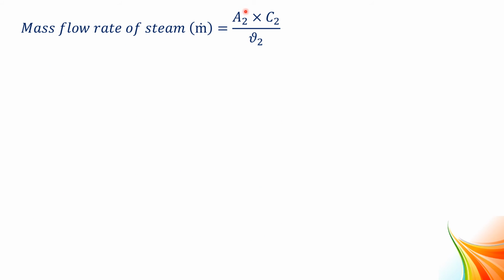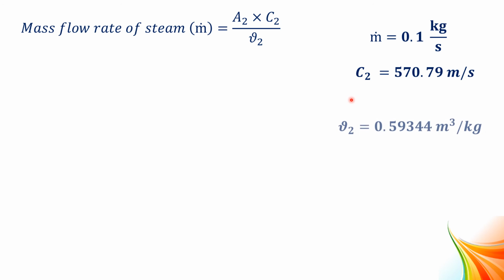Now for calculating the area, we have to use the mass flow rate equation. M dot equals A2 C2 divided by V2. The mass flow rate is given in our problem, which is 0.1 kg per second, and velocity C2 we have calculated, which is 570.79 meters per second, and the specific volume obtained from the steam table is 0.59344 meter cube per kilogram.